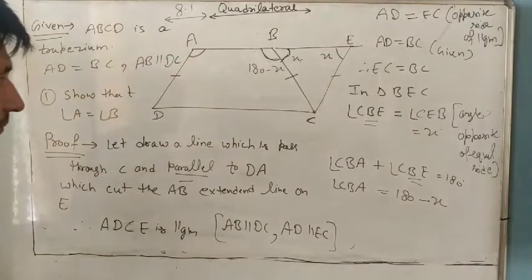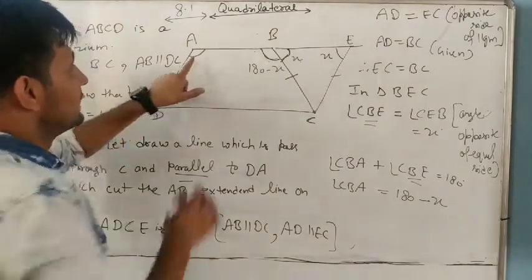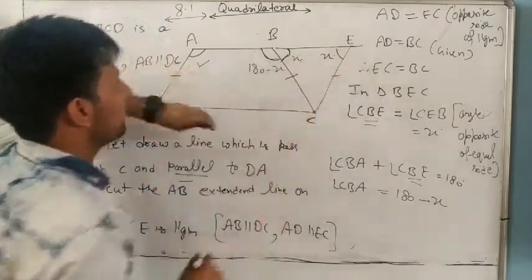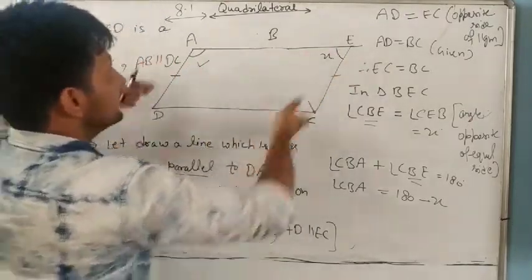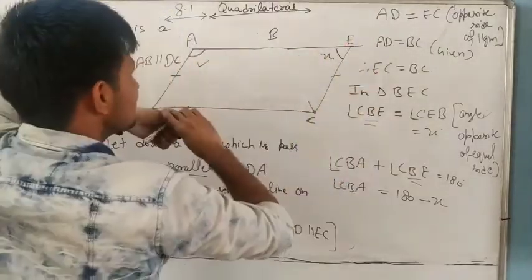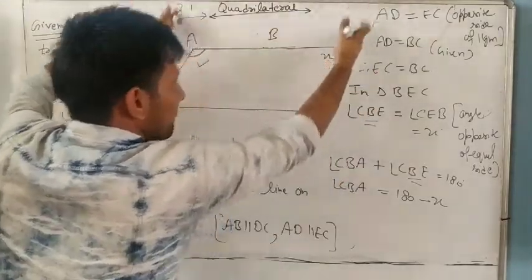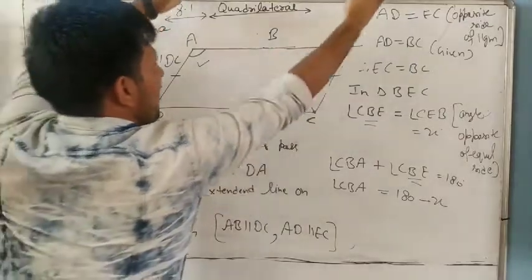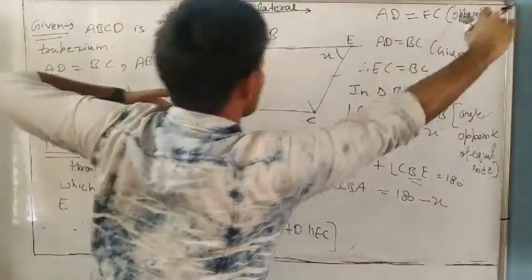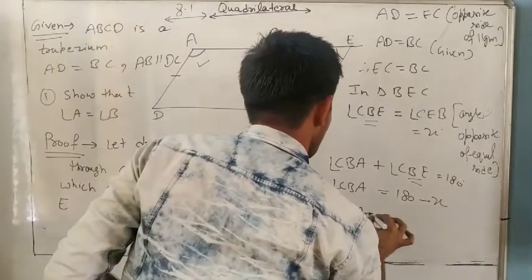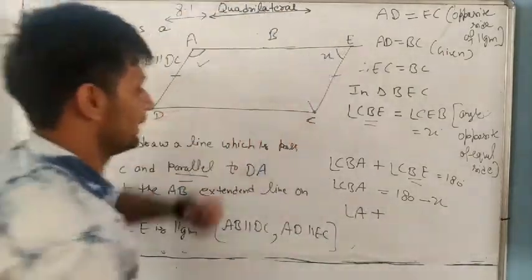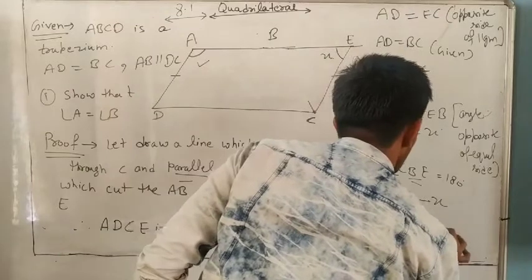Now we want to find this one. And tell me, this angle plus this angle, how much? 180. Yes, why not? Because these two are parallel lines, and two parallel lines cut by a transversal, the sum of interior angles is always 180. So you can write angle A plus angle X equals 180.